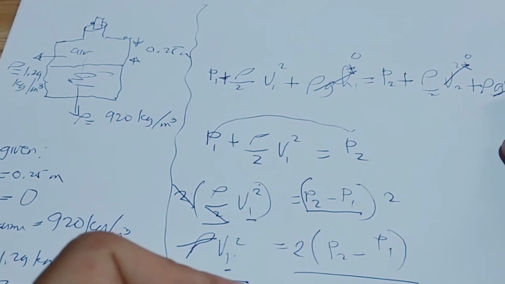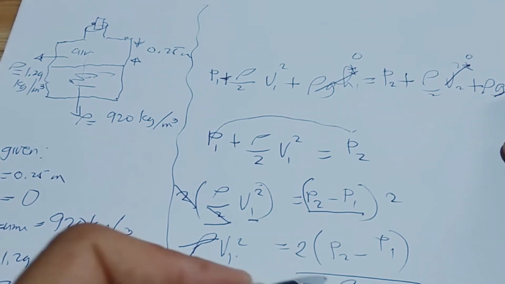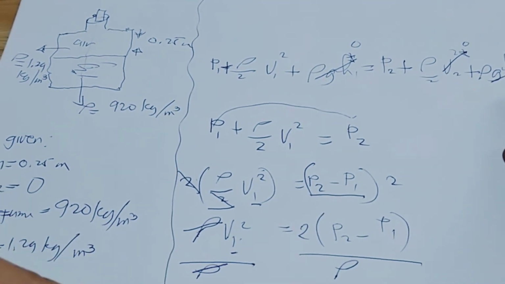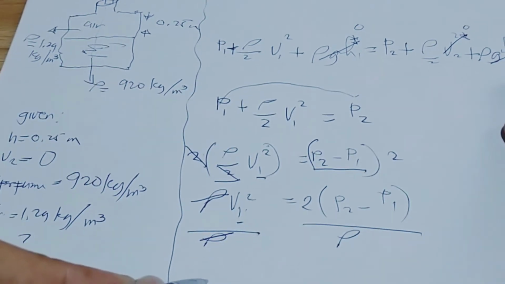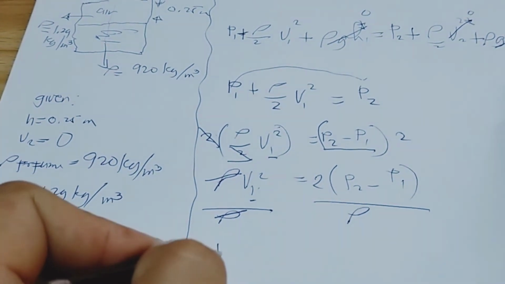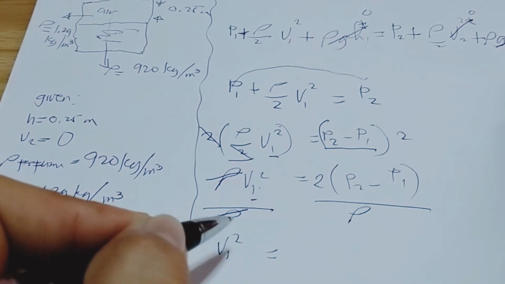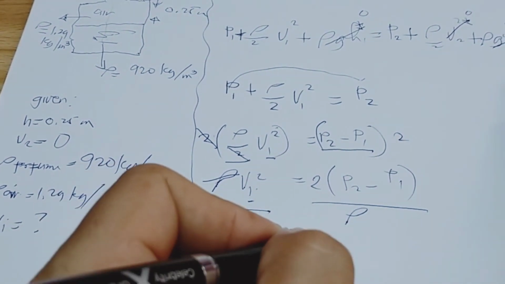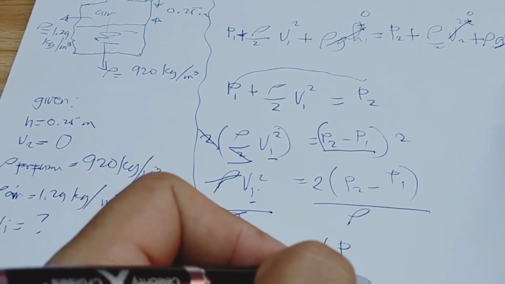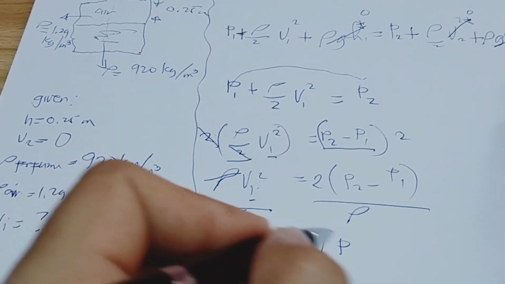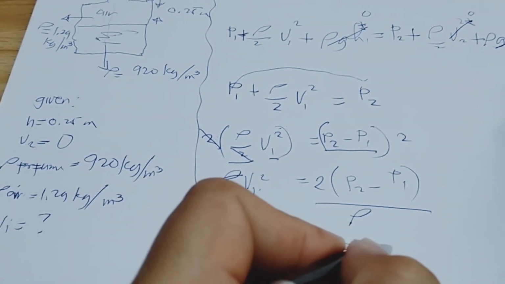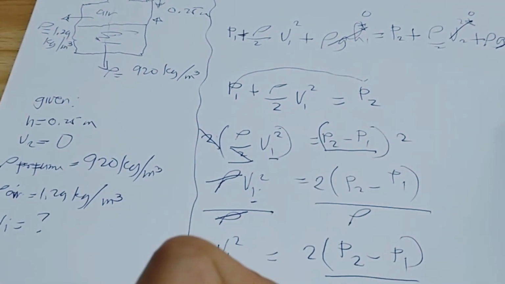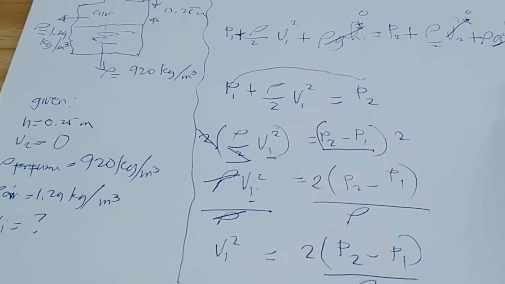So, over rho. So, meron ka ng v sub 1 squared is equal to 2 times p sub 2 minus p sub 1 over rho or density.